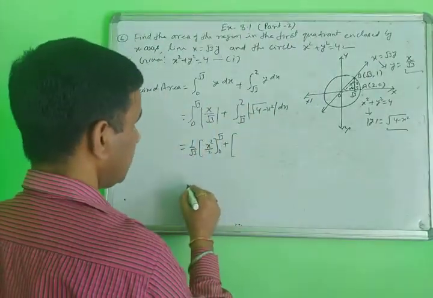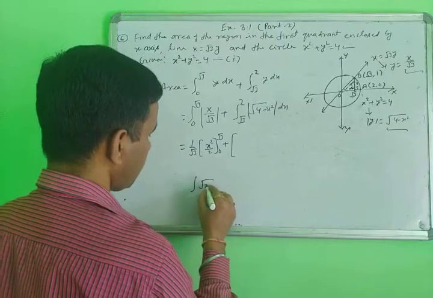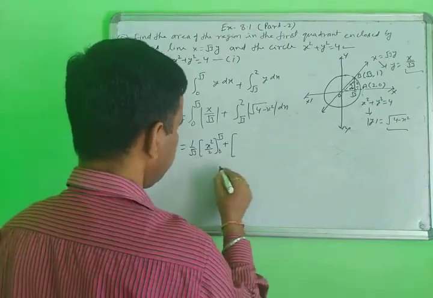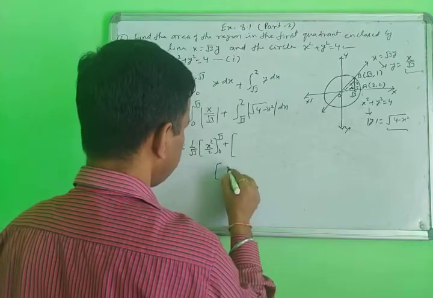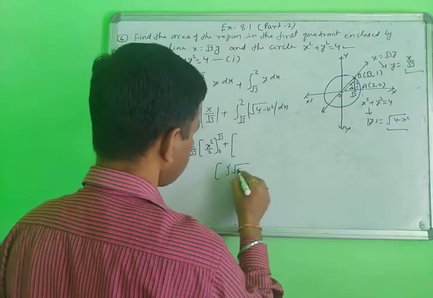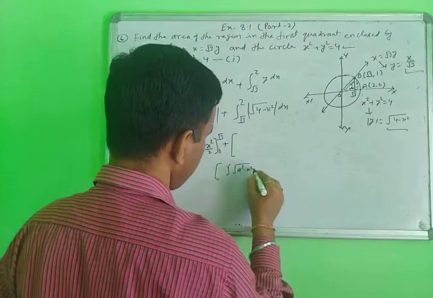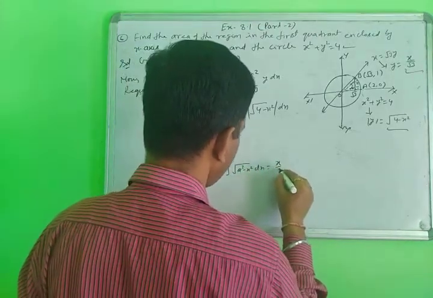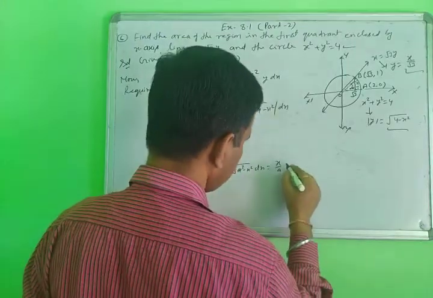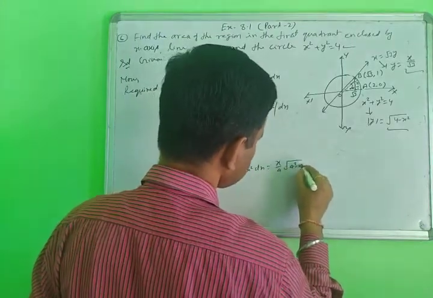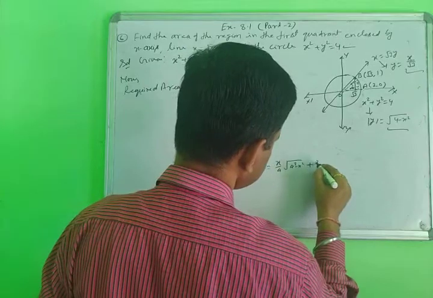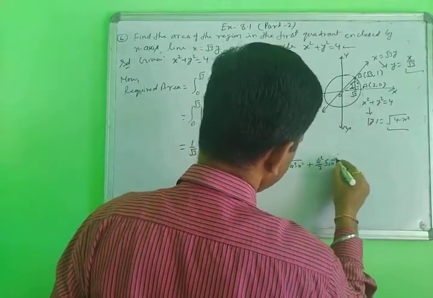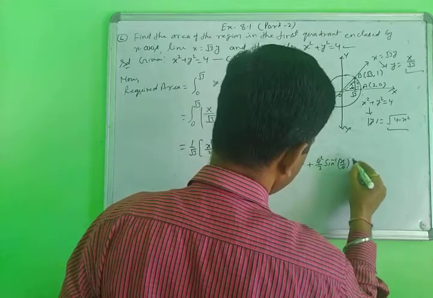The integration of root a square minus x square, using this identity: integration of root a square minus x square dx equals x upon a, root a square minus x square, plus a square upon 2 sin inverse x upon a.